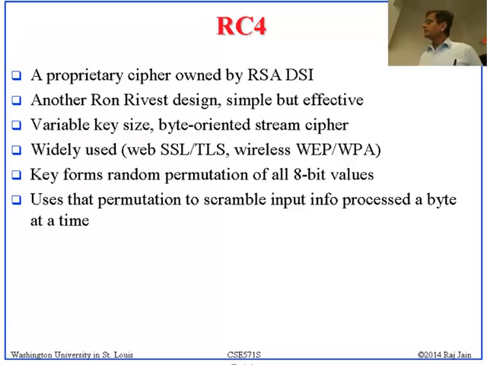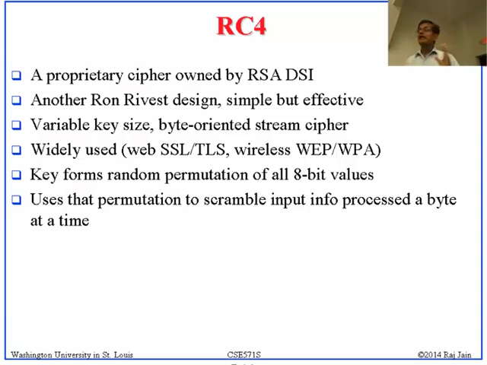The key forms a random permutation of all 8-bit values. With 8 bits you get 0 to 255. As you will see in a minute, all possible values are used. It uses that permutation to scramble the input. So let me show you how it is done.